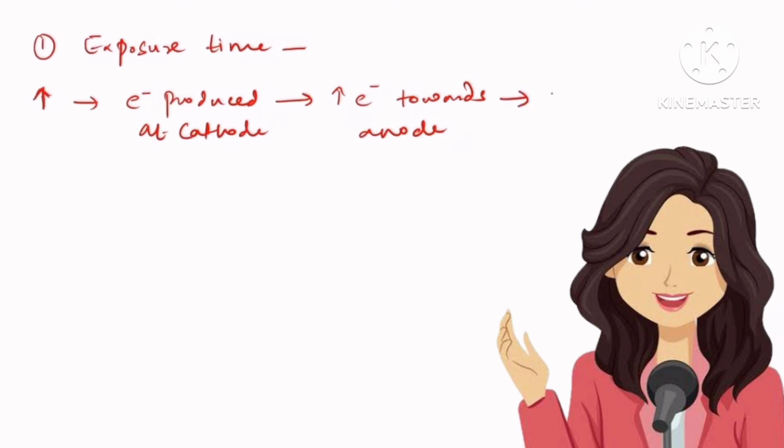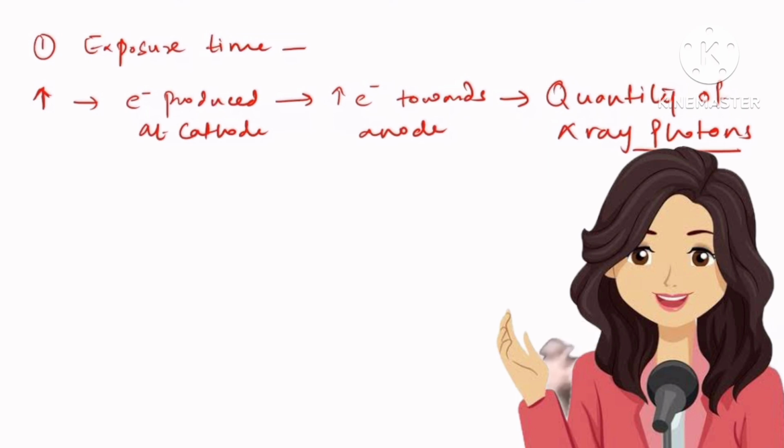And that will finally result in an increase in the quantity of X-ray photons. The more electrons reach the anode, the more X-ray photons will be formed. Meaning exposure time may increase, there is increased electrons at the cathode, then increased electrons moving towards the anode, and the quantity of X-ray photons produced will be greater. So exposure time directly influences the quantity of X-ray photons. All right.